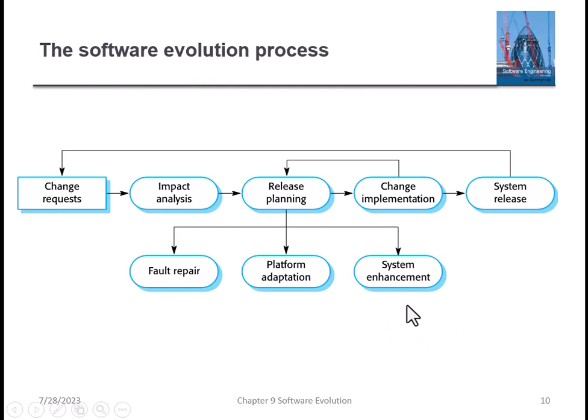Sometimes we repair a particular feature or fix bugs. Sometimes we want to improve the non-functional requirements or the architecture of the system, or bring some changes at the interface level, or sometimes we have to bring platform adaptation changes.